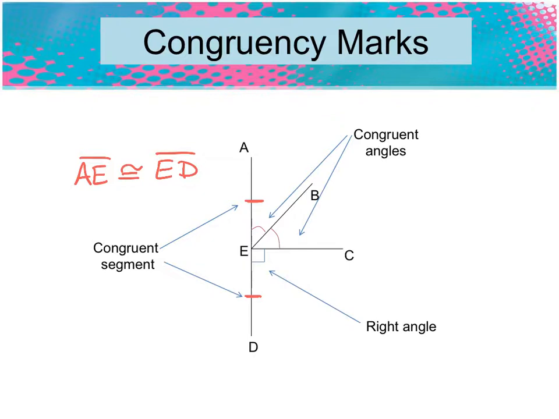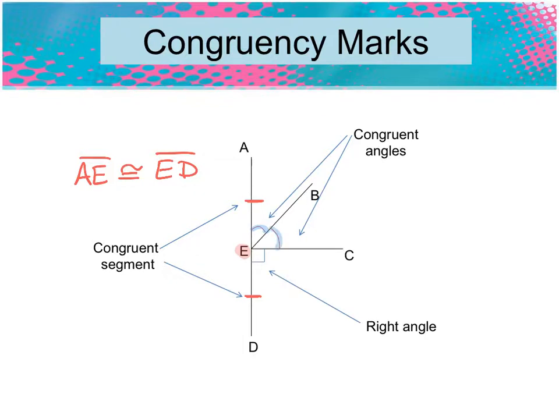I can also do the same thing for angles. Notice E here has three angles coming out of it. So I can't just say one letter, can't say angle E. I need to name it with three letters. So notice this angle has this same mark as this one.